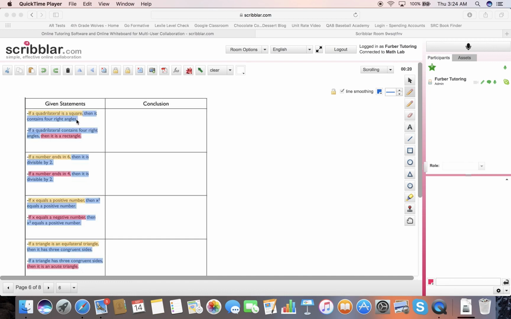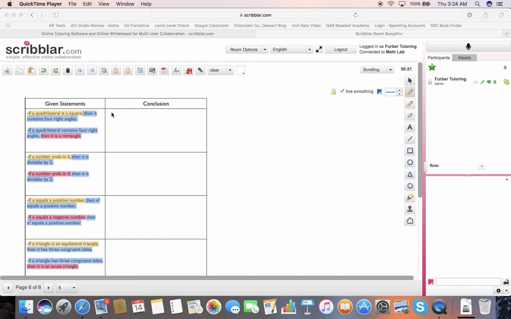If a quadrilateral is a square, then it contains 4 right angles. If a quadrilateral contains 4 right angles, then it is a rectangle. So you can see clearly that the blues match. The conclusion of the first became the hypothesis of the second. So we can immediately connect the first hypothesis with the last conclusion.